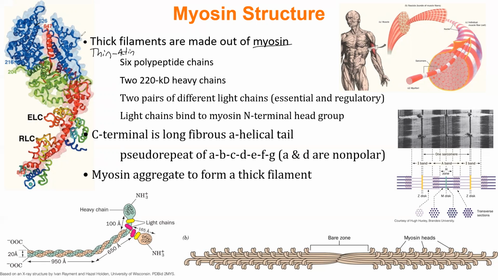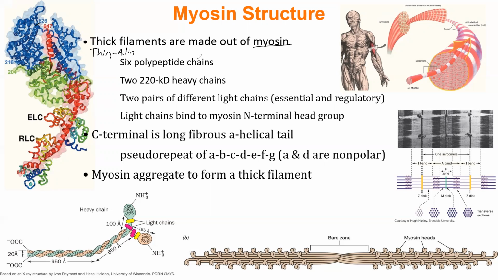We're going to begin our discussion with myosin, shown here. And myosin's also shown here on the bottom as well, just different representations of the same protein. And in picture B on the bottom right of your screen, that's what myosin looks like in your muscles. So myosin is made out of 6 different peptide chains.